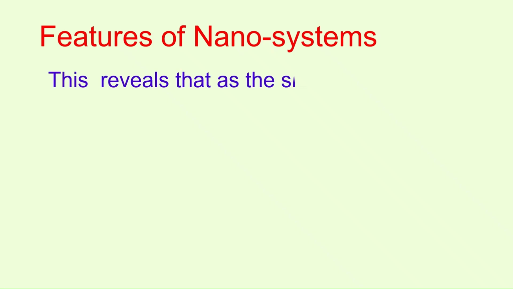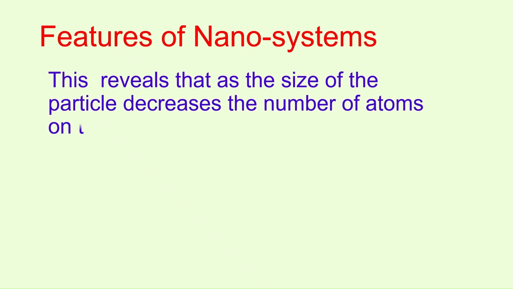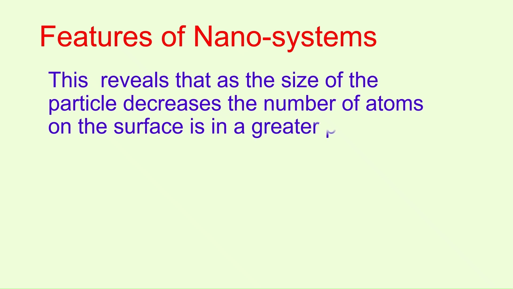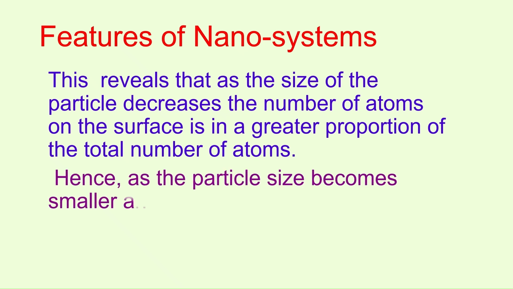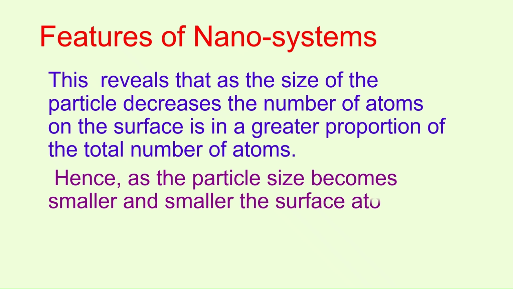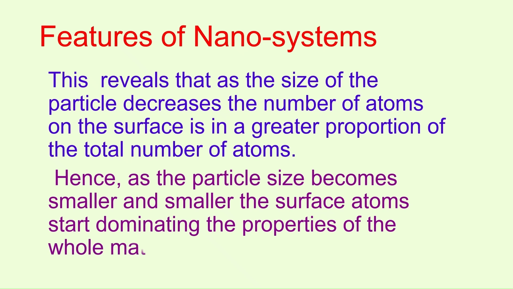Size-dependent features of nanosystems. This reveals that, as the size of the particle decreases, the number of atoms on the surface is in a greater proportion of the total number of atoms. Hence, as the particle size becomes smaller and smaller, the surface atoms start dominating the properties of the whole material.